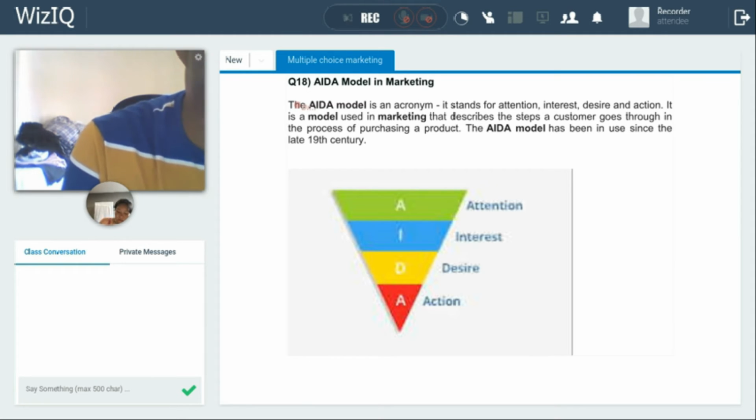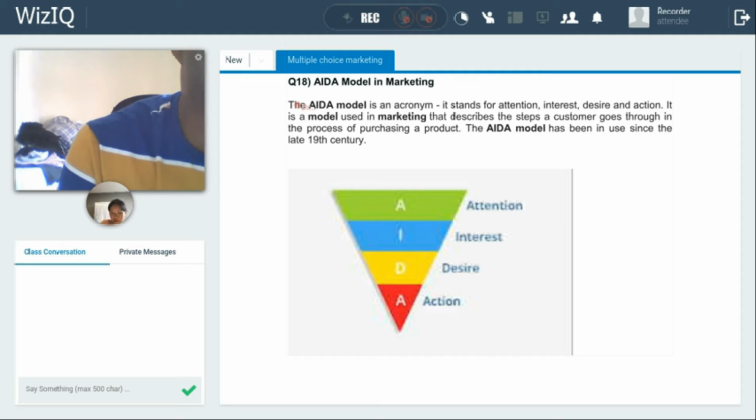That's always what we need to do. When we have got a product we want to introduce into the market, the first step is to make people aware. So we attract the attention of the people, and tell them that this particular product does exist. Once you are aware that the product exists, you need to develop interest in that particular product.